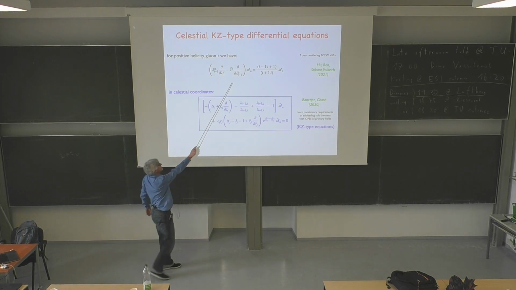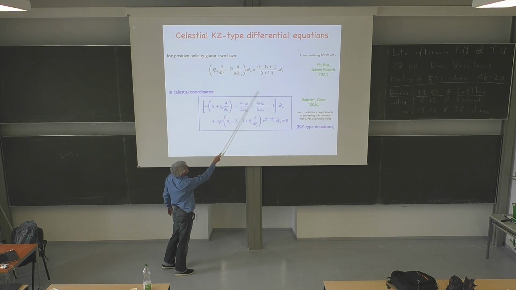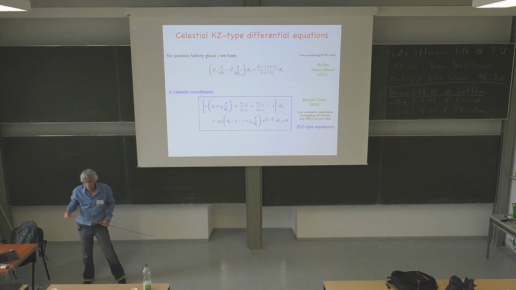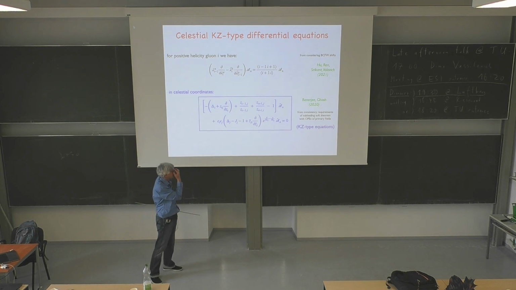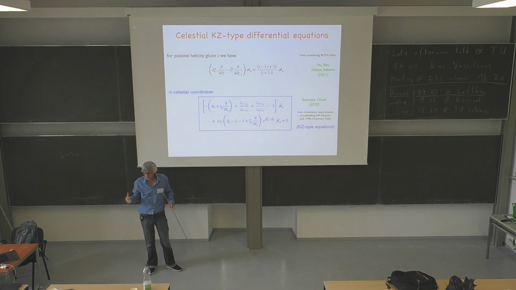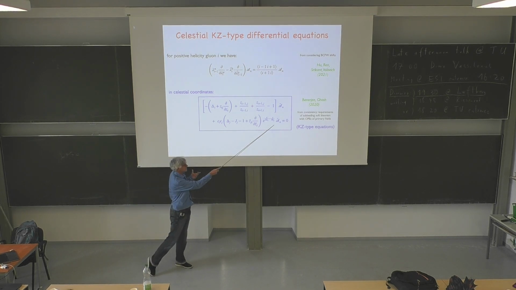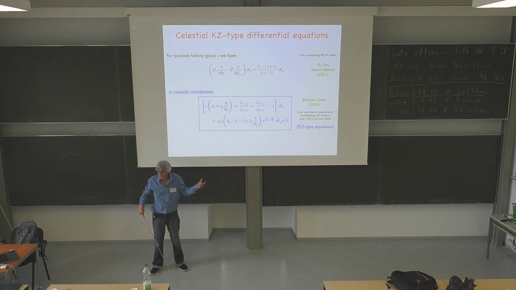This is the gluon amplitude, and now we transform it into celestial coordinates. Here you don't see the dilaton yet, so this is just a differential equation. You can solve it and see the celestial amplitude with a delta function, but there are other solutions with this dilaton, which you can then interpret as a dilaton source.